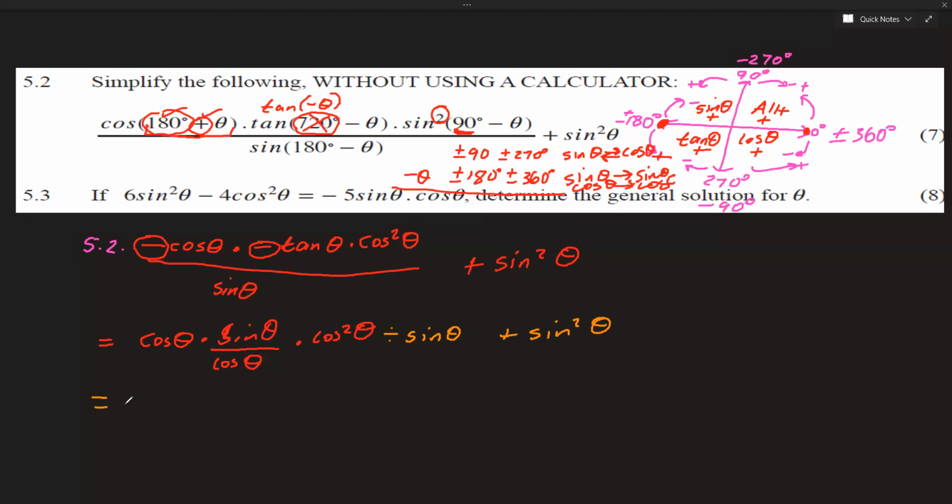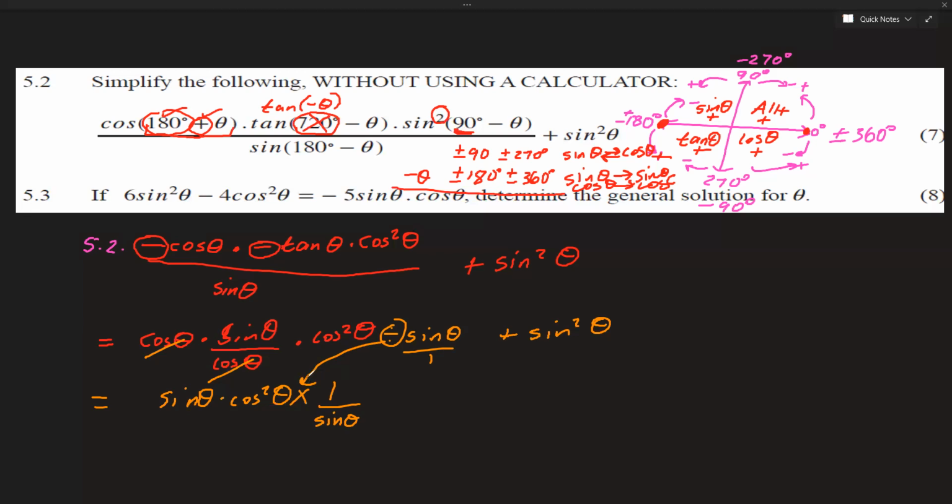Awesome. And then this cos will cancel that cos, right? So I have sine theta cos squared theta multiplied by 1 over sine theta. Remember, the division can switch to multiply, and then this was over 1. So you tip and times, basically.